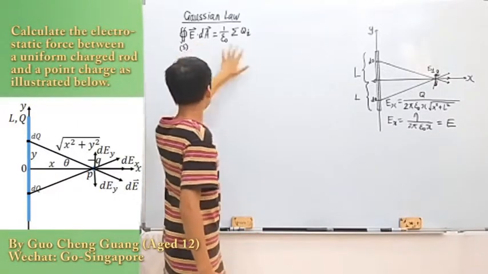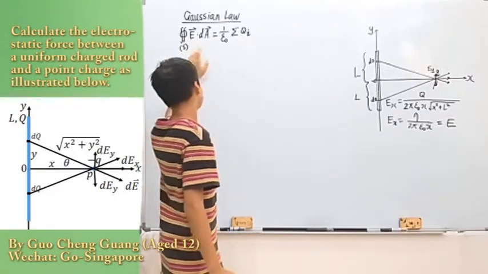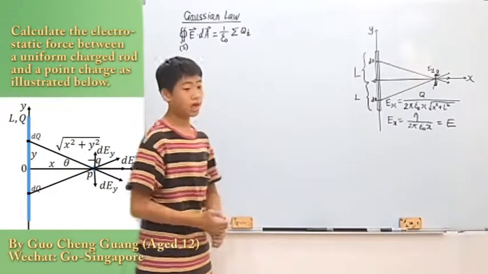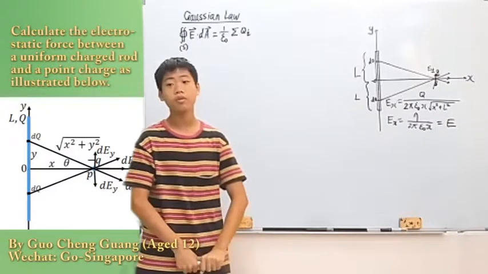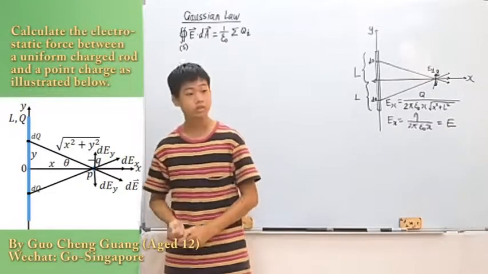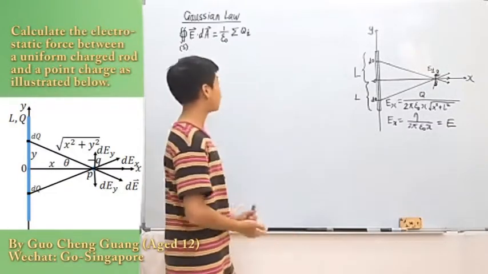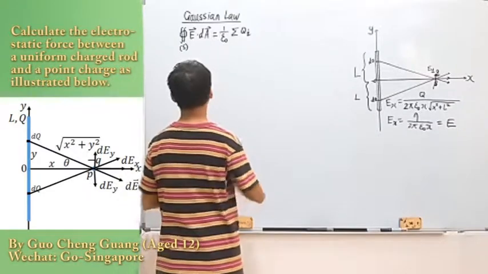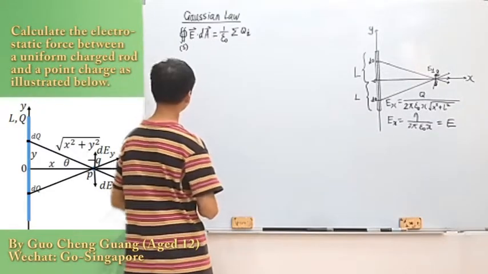So it is a relationship between simply flux and charge. It depends on which type of Gaussian surface you choose, because for different cases you may want to choose different Gaussian surfaces, and so it may affect the whole Gaussian law.